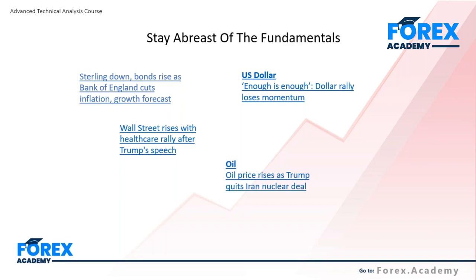Oil prices rise as Trump quits Iran nuclear deal. Most of you will be familiar with this development quite recently, and the impact that it potentially would have had on oil prices is clearly stated in this particular headline. What do your technicals say? If they're in agreement, then perhaps you should be considering going long oil or crude oil. The Wall Street report: US stocks, bonds rise, dollar slips amid soft inflation data.